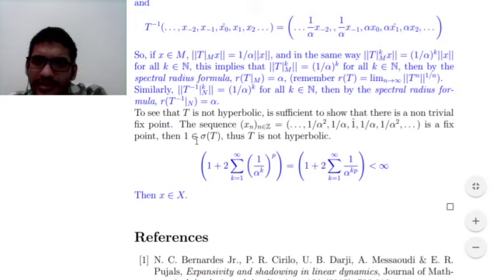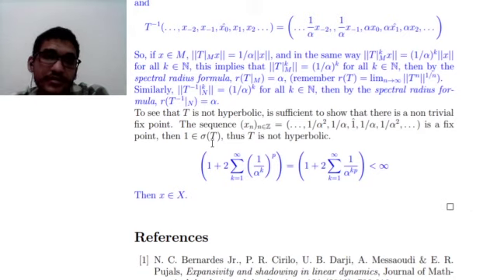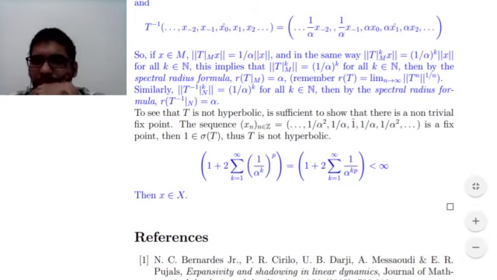Then 1 is in the spectrum, thus T is not hyperbolic because the spectrum will intersect the unit sphere. Why is this a fixed point?